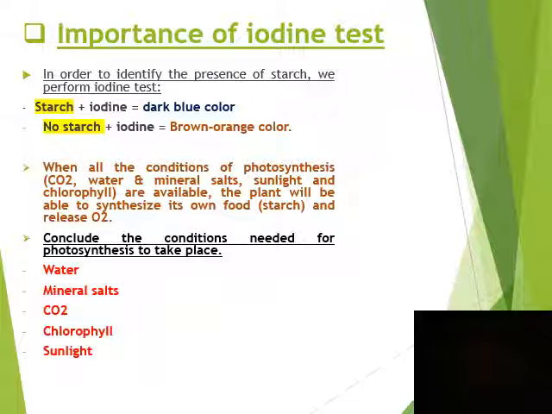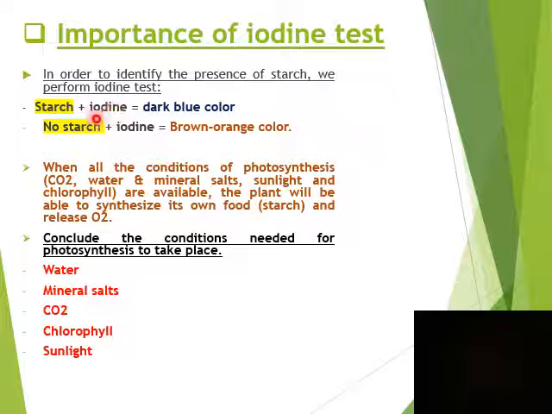So we get the iodine solution, and we add it, for example, on the leaf. The original color of the iodine solution is a brown orange color. If the iodine test was applied and the leaf gives us a dark blue color, this indicates the presence of starch.